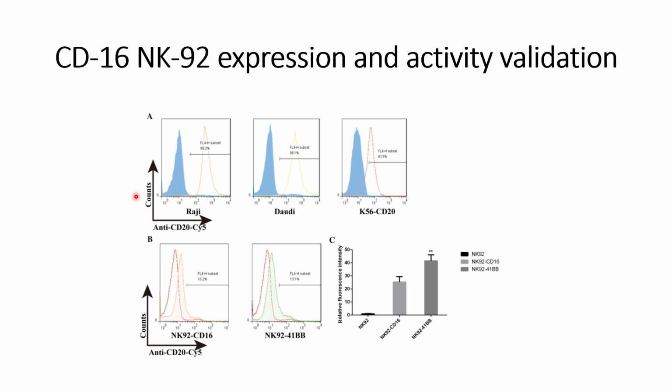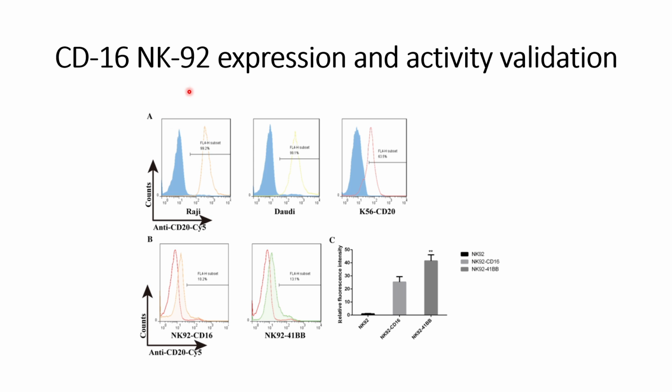Once validating that this Rituximab is working, now they check the CD16 expression on NK-92 by using this Rituximab, as the Fc region present on this Rituximab will be detected by the CD16 expressed on the NK-92 cells. Compared to the wild type, they can see increased signals for this anti-CD20 sci-fi for the CD16 NK-92.